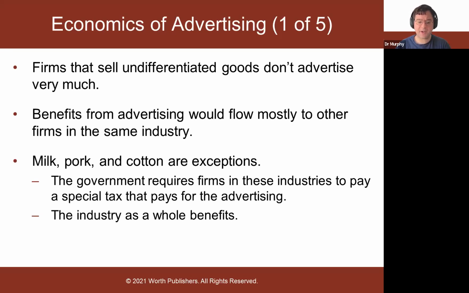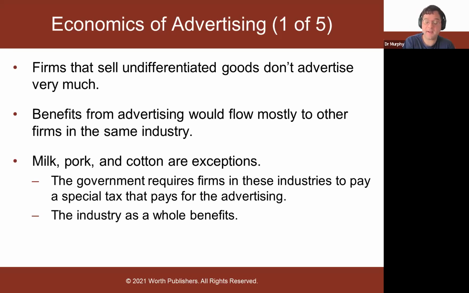We can get more into the details of the law here at another time if folks wish. However, the reason why this is going on is that milk, pork, and cotton are important political industries. The milk lobby, the pork lobby, and the cotton lobby have significant power in Congress, so they wish to promote their products.